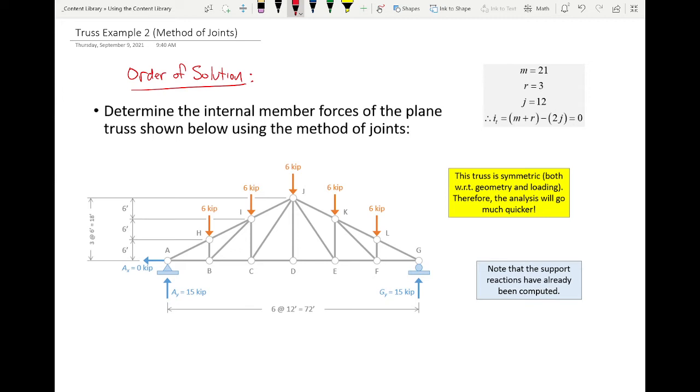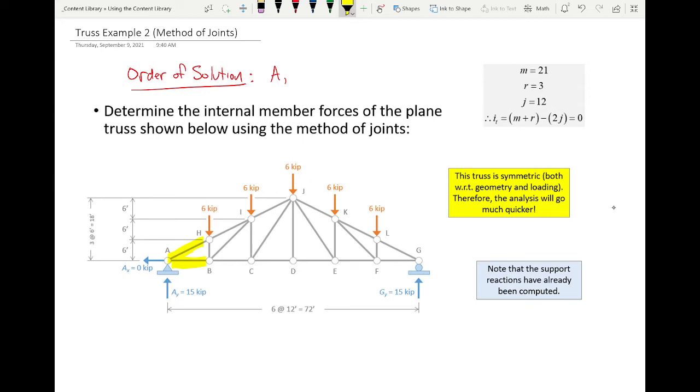Remember, this is symmetric. Would it make sense to start at joint A? Two unknowns. If I start at joint A, that's going to solve for those two members. My question for you is, if I solve joint A, which joint should I solve next? Well, you said G, right?